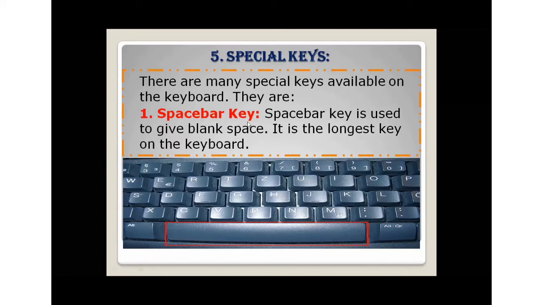First one is the space bar. The space bar key is used to give blank space. It is the longest key on the keyboard. When you keep your cursor and click one time, it will go one space. So this is about special keys.